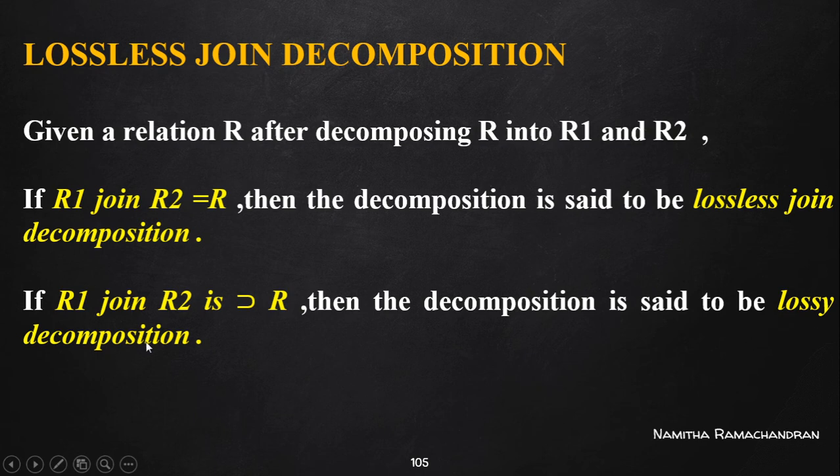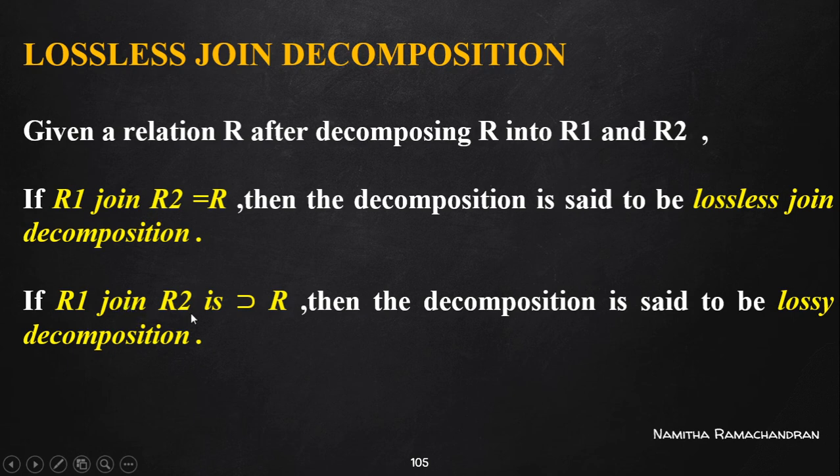Lossy decomposition means we decompose a relation R into R1 and R2, then perform a join operation over R1 and R2. If the resultant relation after this join operation is a superset of our parent relation R, it means there exist in that resultant relation certain spurious tuples.